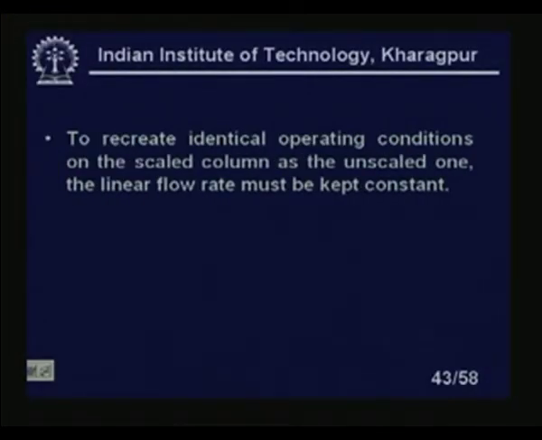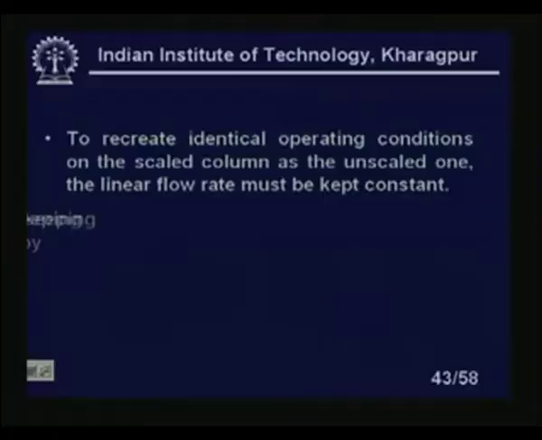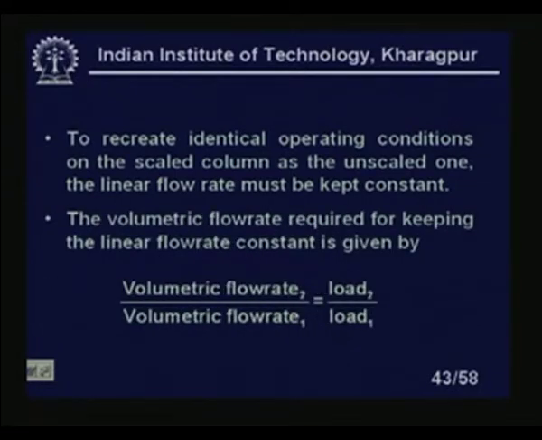To recreate identical operating conditions on the scaled column as on the unscaled one, the linear flow rate must be kept constant. We should have flow meters to know that, because the mobile phase is moving through this. The volumetric flow rate required for keeping the linear flow rate constant is given by volumetric flow rate 2 upon volumetric flow rate 1 equal to load 2 by load 1.